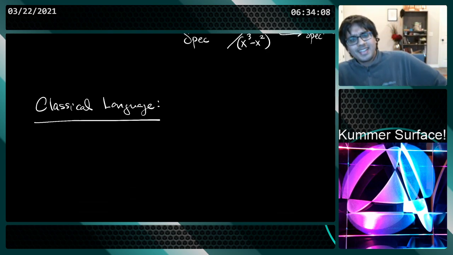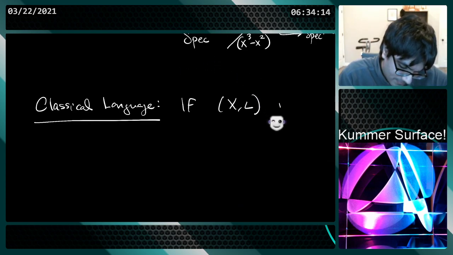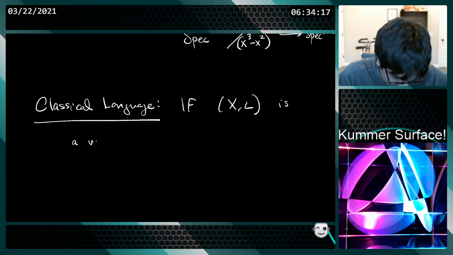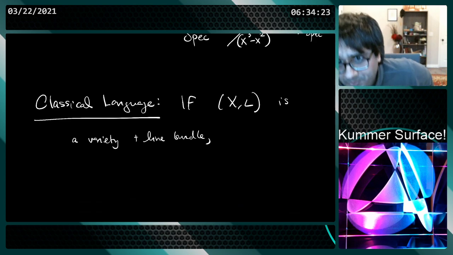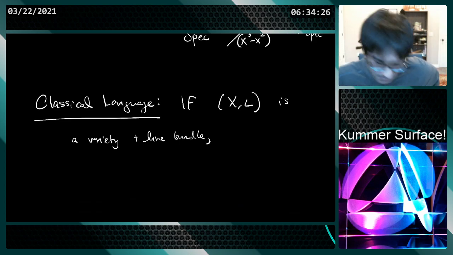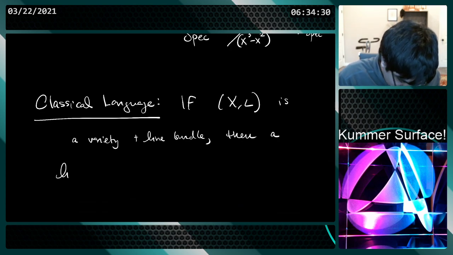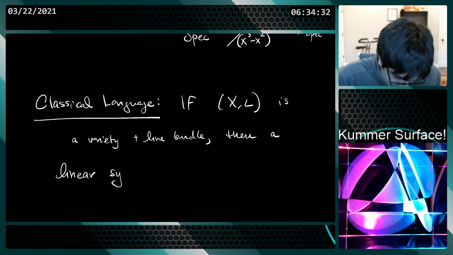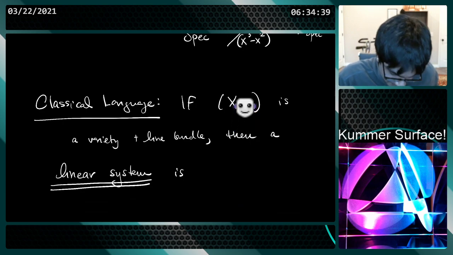All right, if you have a line bundle on a variety or a scheme, then a linear system is just a vector space of sections.